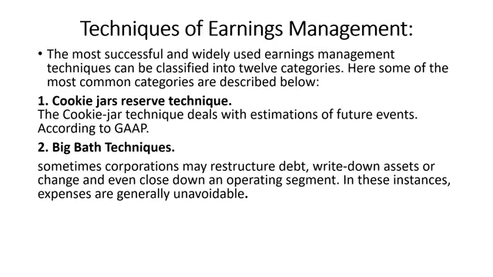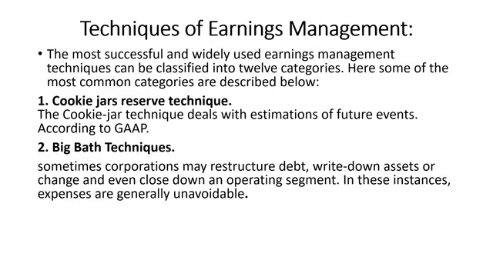The most successful and widely used earnings management techniques can be classified into 12 categories, and we also have talked in detail about each one of these 12 categories. Here are some of the most common ones. Okay, and I need to repeat that we cannot answer like this in the final, because in the final we need to write in detail.